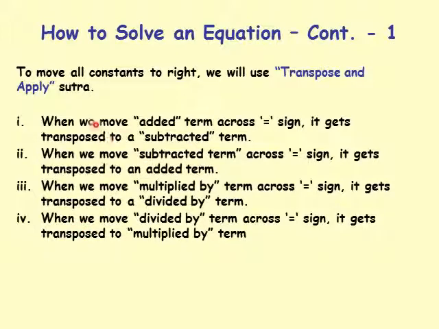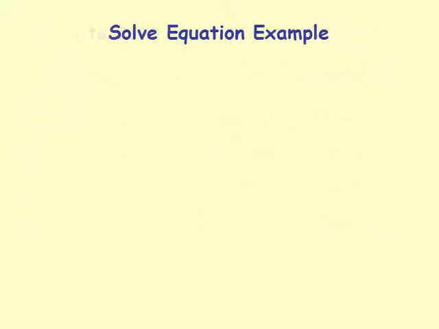So these are the sutras for transpose and apply as applied to solving linear equations. Let's say when you move an added term across, it becomes a subtracted term. When you move a subtracted term, it becomes an added term. When you move a multiplied by term, it becomes a divided by term. When we move a divided by term, it becomes multiplied. Let's continue and solve an equation.